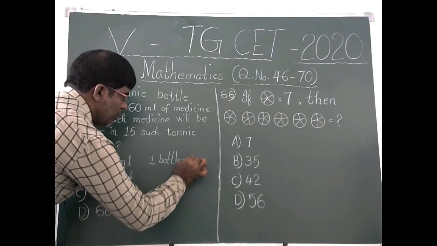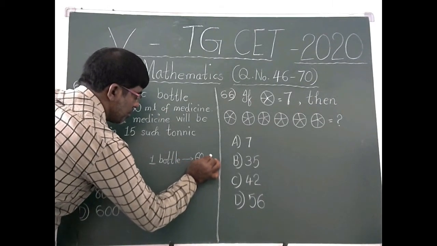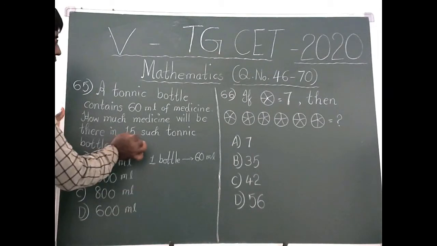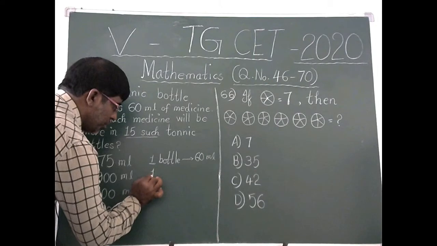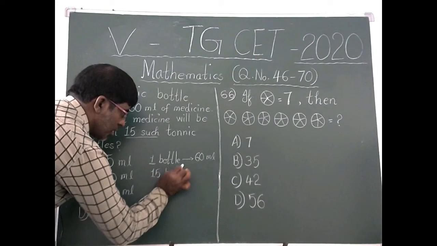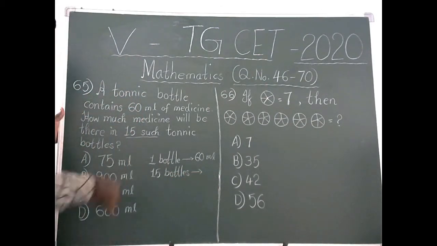In one bottle the value is 60 ml. How many bottles? 15 bottles. How much value?